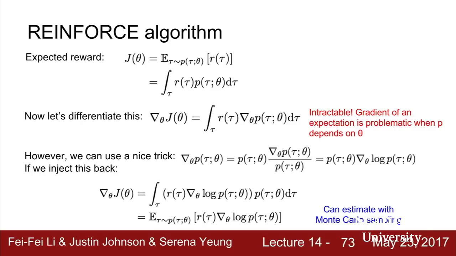So we've taken a gradient of an expectation and transformed it into an expectation of gradients. Now we can use sampled trajectories to estimate our gradient. We do this using Monte Carlo sampling, and this is one of the core ideas of REINFORCE.